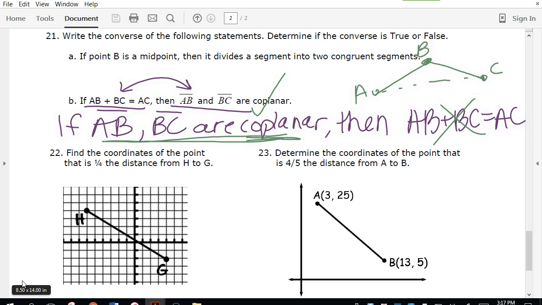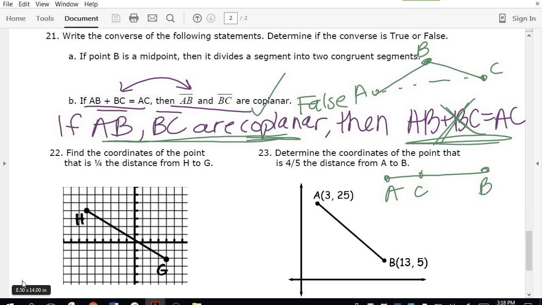No. I found a picture. I proved it wrong. So am I going to say it's true or false? I'm going to say the statement is false. Because if they weren't in the right order, or if they weren't collinear, then you can throw this out the window. It doesn't work anymore, especially if you drew that picture, it also would not have worked. AB plus BC does not equal this tiny little AC. So 2 ways to prove it wrong. So it's really false.